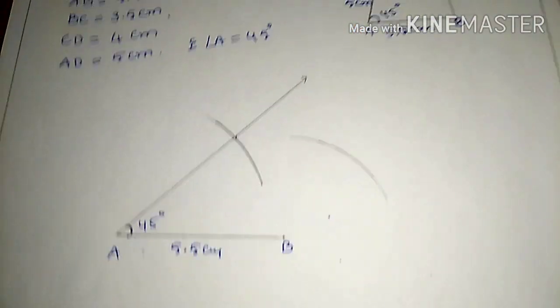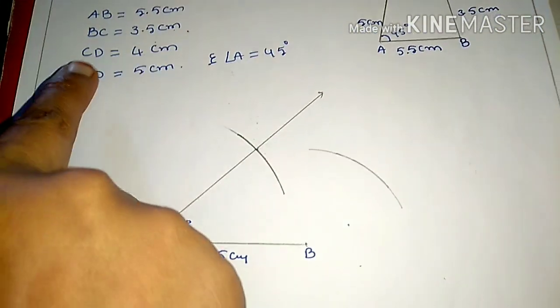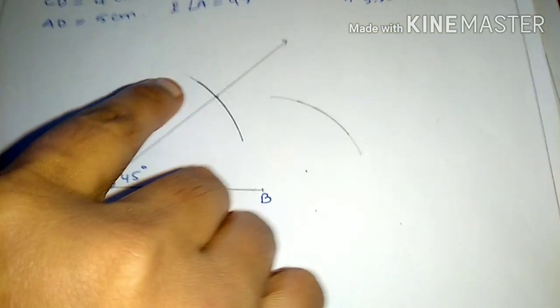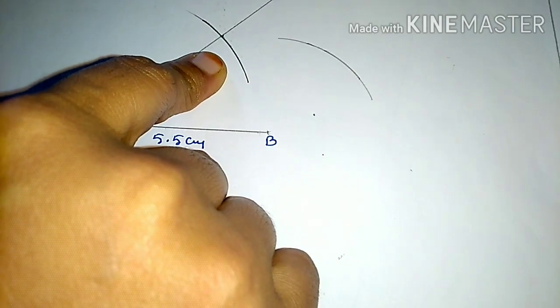Okay children. Next, CD is 4 centimeters. Here we already have the angle, and the arcs are kept on the ray.